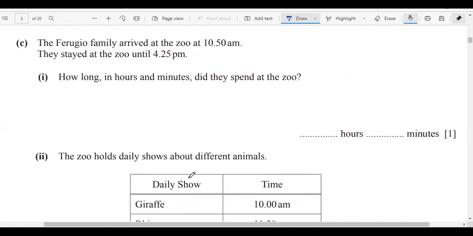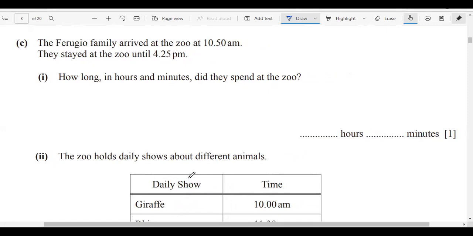The Figure family arrived at the zoo at 10:50 a.m. They stayed at the zoo until 4:25 p.m. How long in hours and minutes did they spend at the zoo?